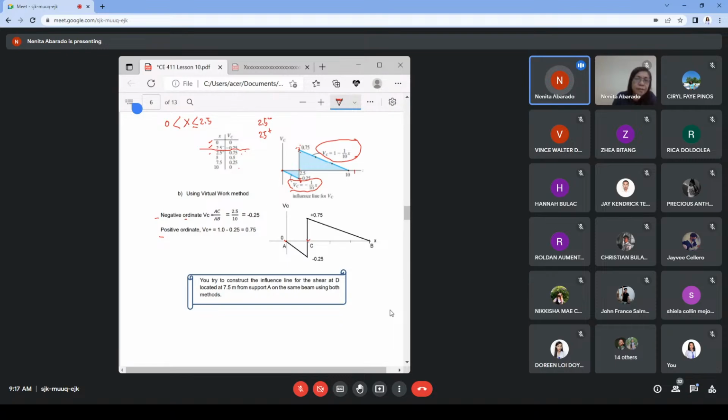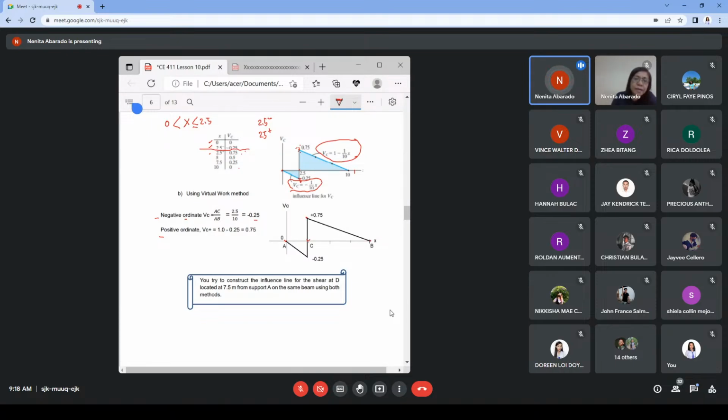What is AC? 2.5. What is AB? 10. That is a negative ordinate, so it is negative 0.25. For the positive ordinate, subtract it from 1. So 1 minus 0.25 is 0.75. That is the positive ordinate.